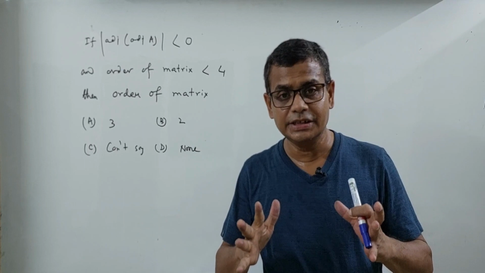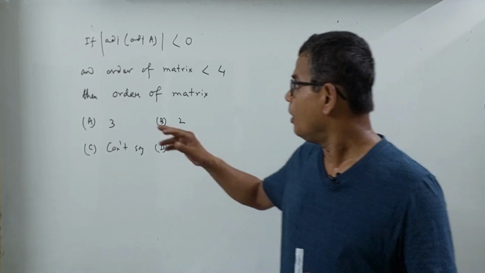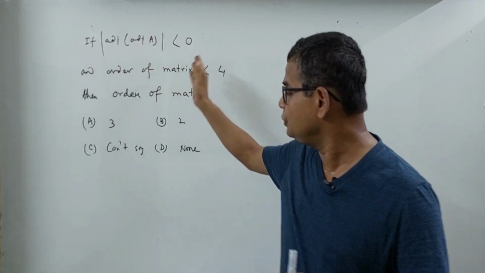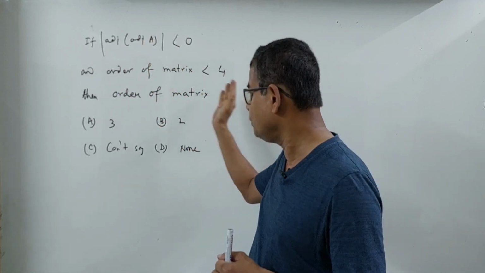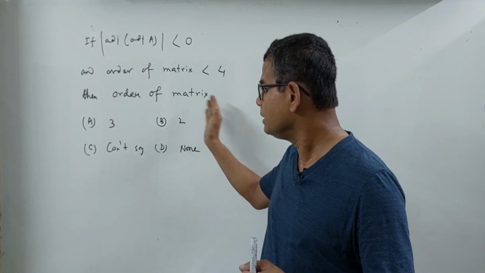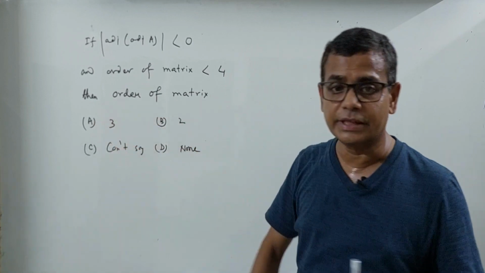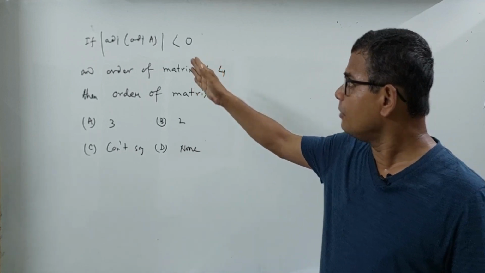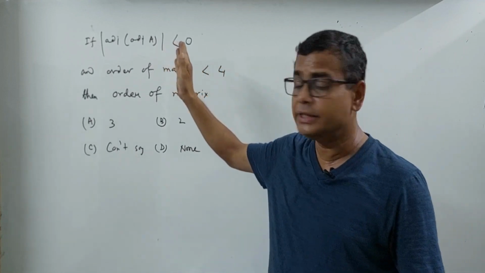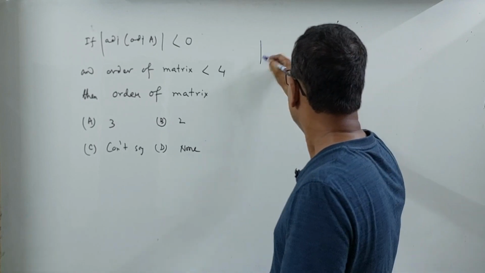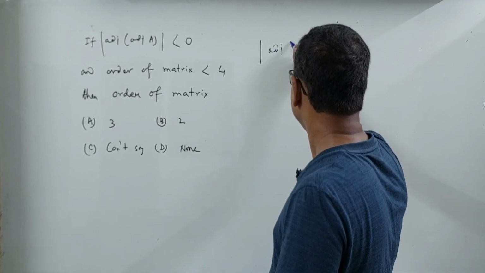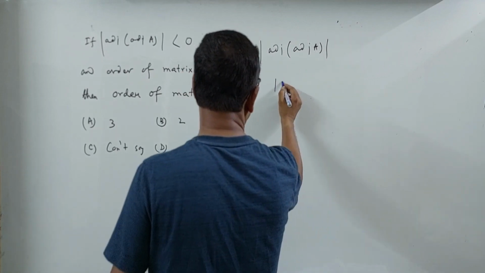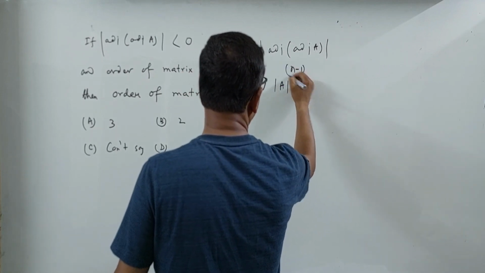One more interesting sum, a conceptual sum of matrix: if determinant of adjugate A is less than 0 and order of matrix is less than 4, then what is the order of matrix? Which of the following 4 options is correct here? Now, determinant of adjugate A equals determinant A to the power (n minus 1) whole square.